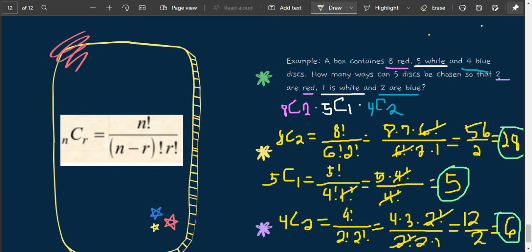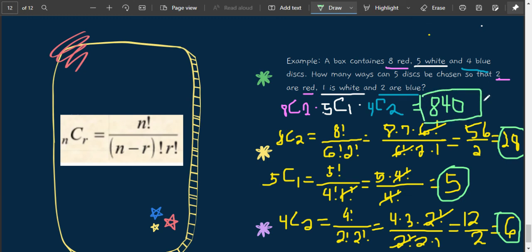Okay, 840. So, the answer for this question is 840. How many ways can 5 discs be chosen? So 5 discs can be chosen in 840 ways. Okay, so this is your final answer.